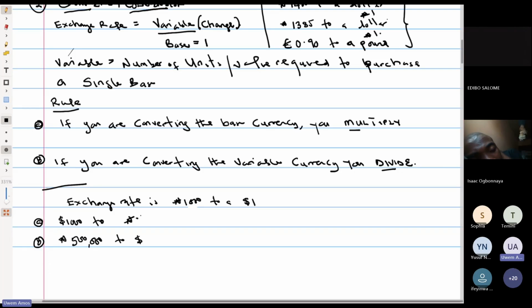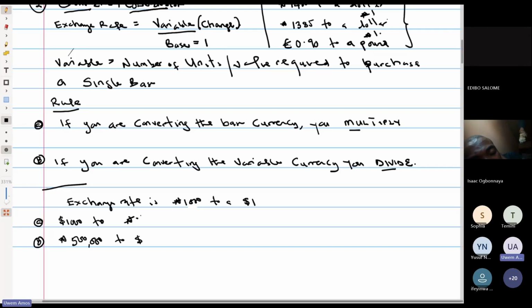Now let's apply our principles. If you go to an FX dealer and they tell you 1,000 naira to $1, Scenario A, Mr. A is trying to convert $1,000 to naira. Scenario B, Mr. B is trying to convert 500,000 naira to dollar. So what are the values?